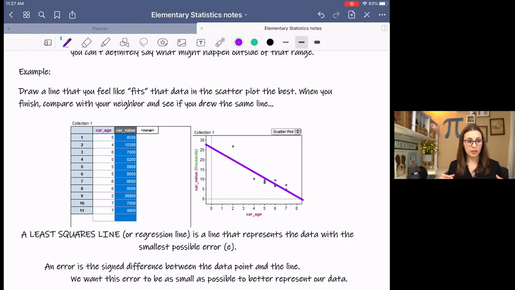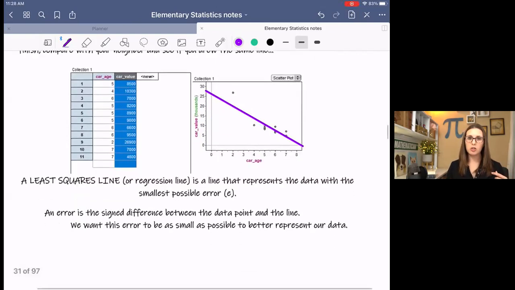In this specific lesson, I don't use the formula. I feel like it's a bit tedious and there's lots of room for mistakes. So I like to use software. I like to use calculators or Fathom or other statistical software because it's more accurate. And this is called the least squares line.